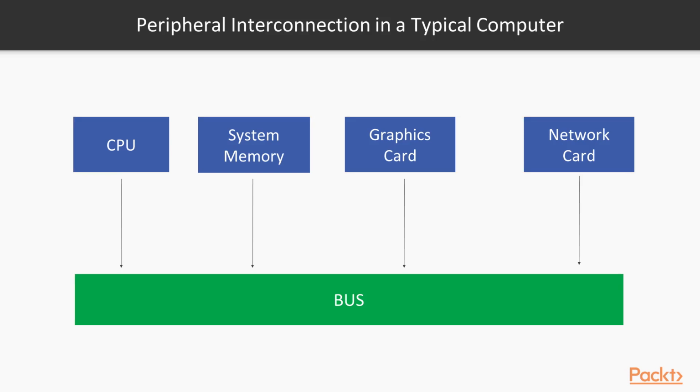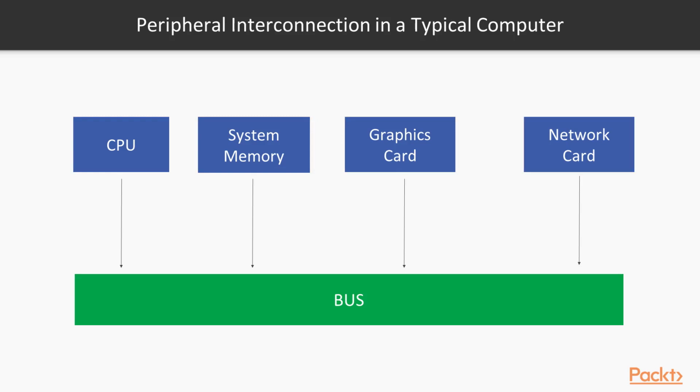In order to exchange data, these peripherals are interconnected by a bus over which all communication goes. The first user is the CPU, which is connected to the bus, and the second user is the system memory. The third user is the graphics card, and the last user is the network card.